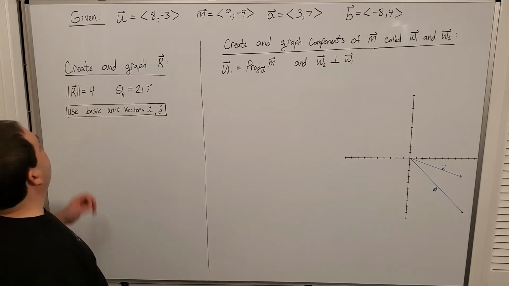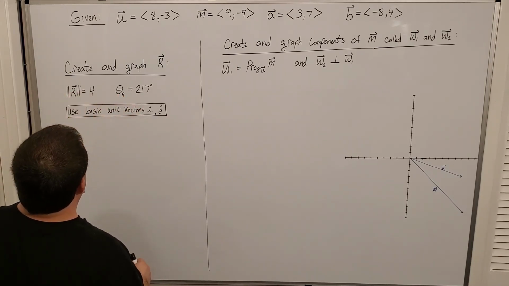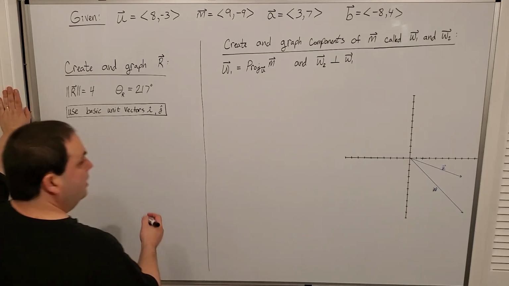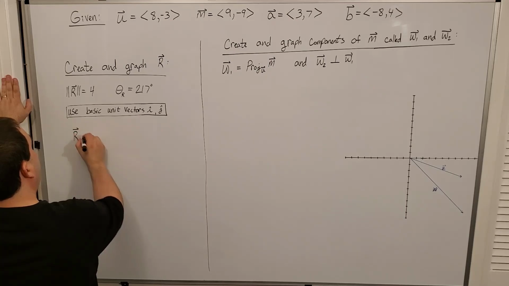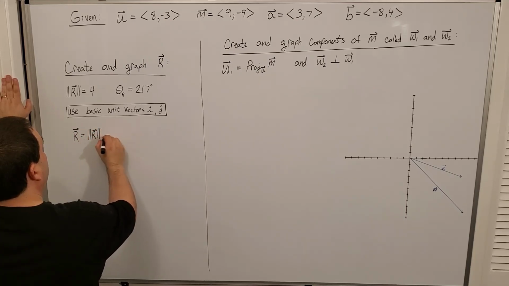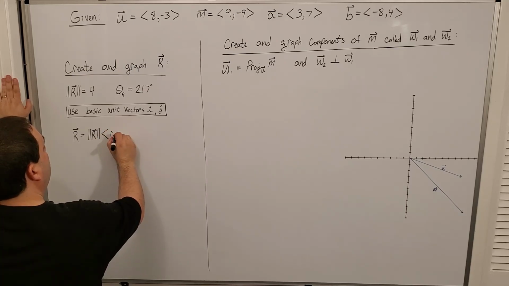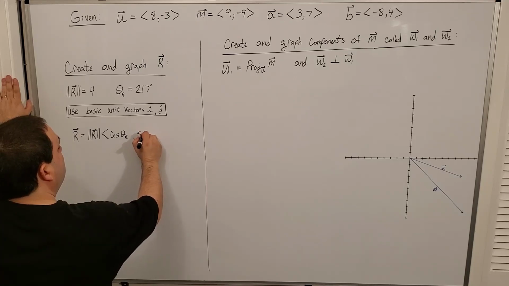I'm going to create vector r. Well, remember, if you know an angle and a magnitude, it's as easy as just doing a multiplication. So that would be the magnitude of r times the vector cosine of the angle, comma, sine of the angle.